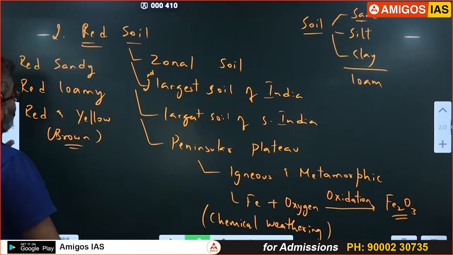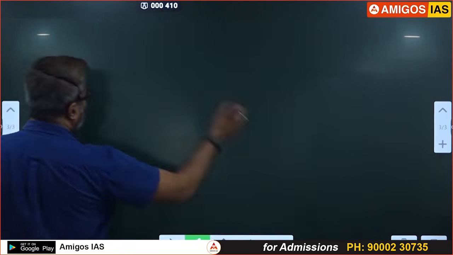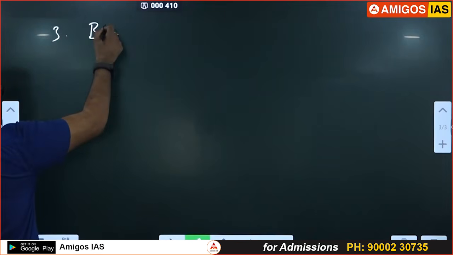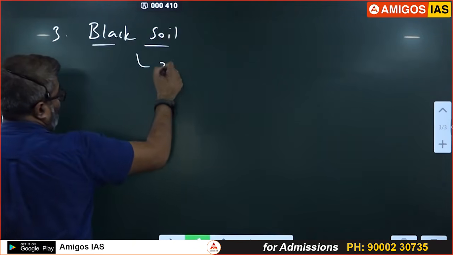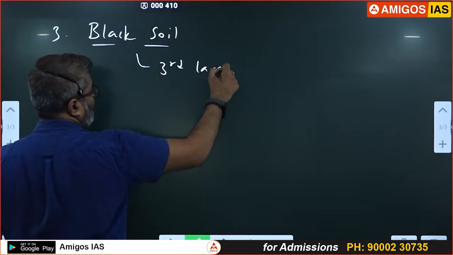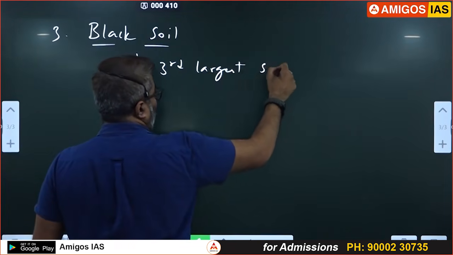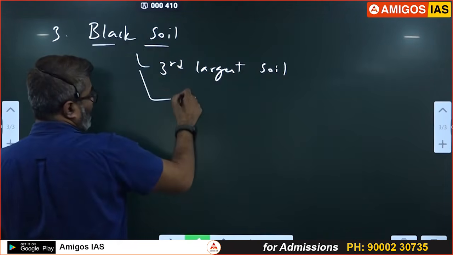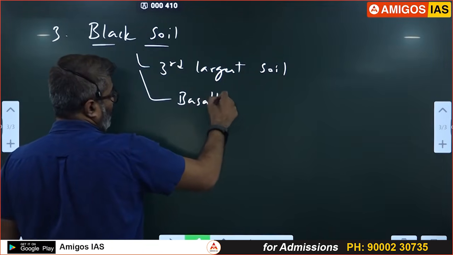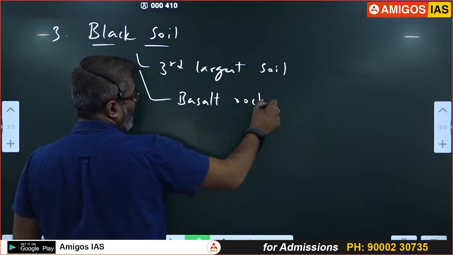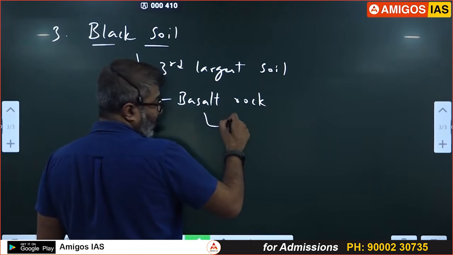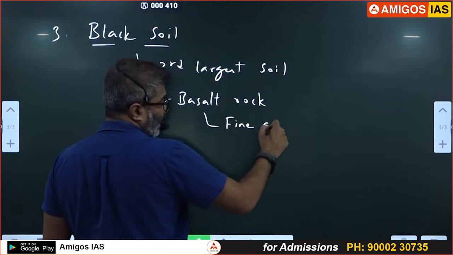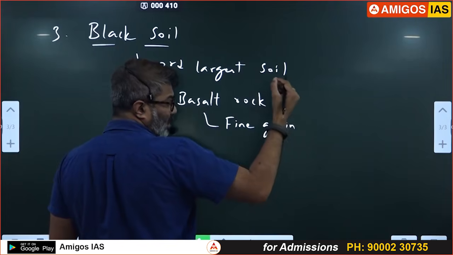So we are discussing the third type now. What is the third type? Black soil. Black soil is the third largest soil of India, and it is formed from basalt rocks. Basalt rocks are what? Extrusive igneous rock. They are fine grained. Fine grained means what? We have clay-like sediments.